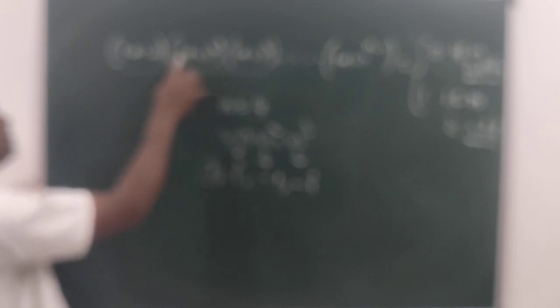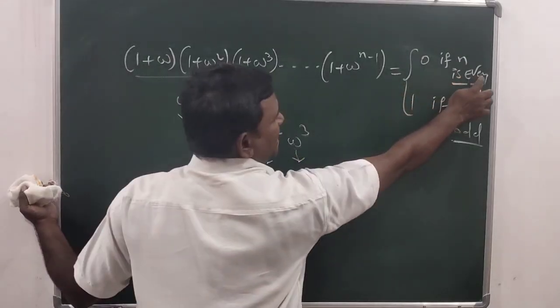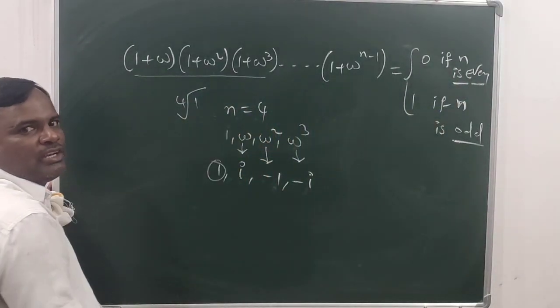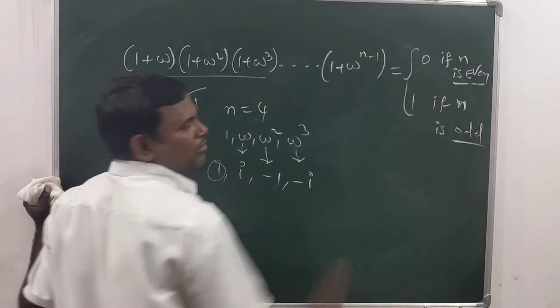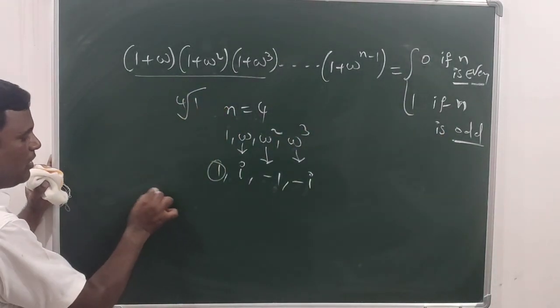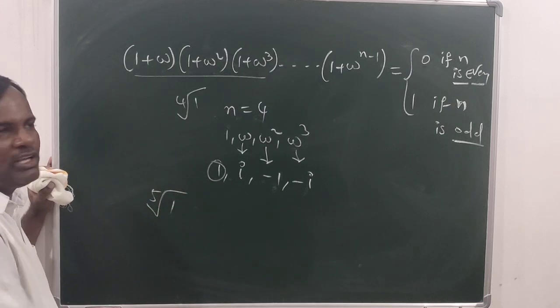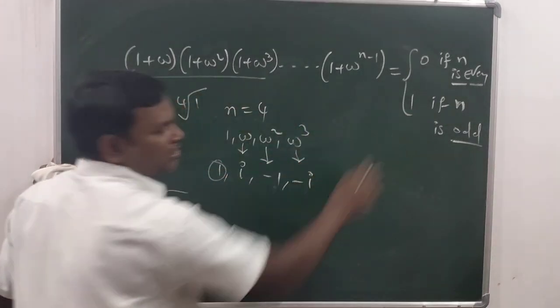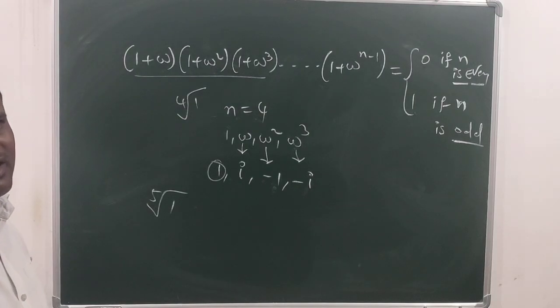Here 1 plus i, here 1 plus omega square, which is 1 minus 1, is 0. 0 into something is 0. Because n is even. I took n even, hence the result will be 0. If I took n odd, like the 5th root of unity or 7th root of unity, your result would be 1. Just remember it as a standard result.